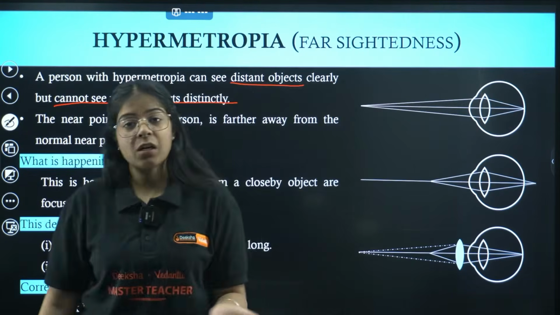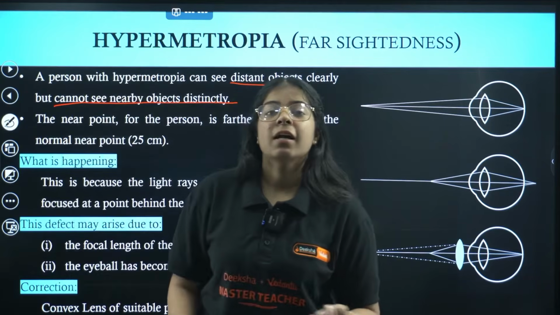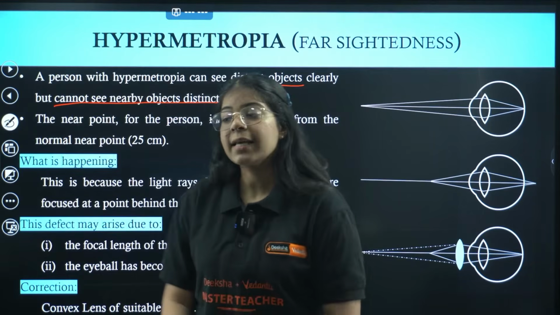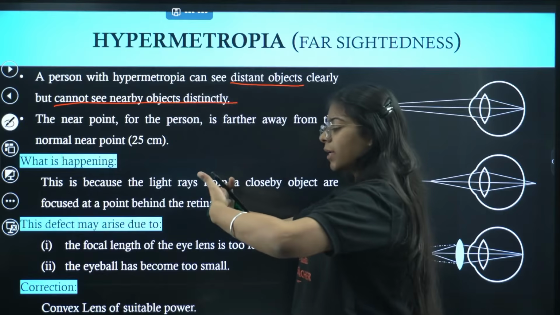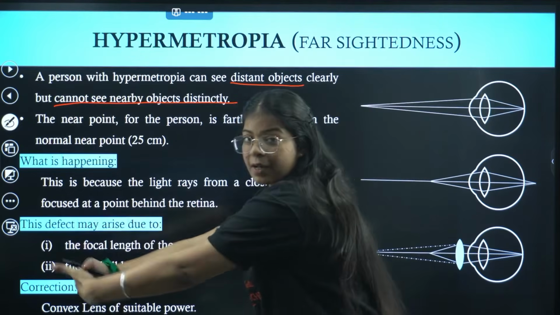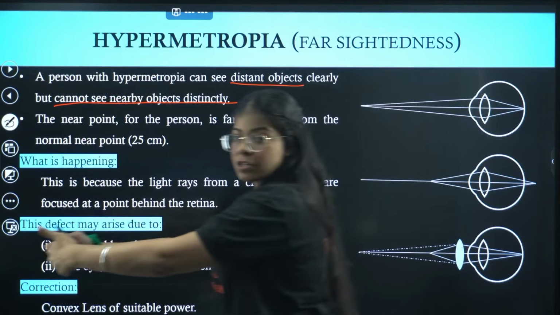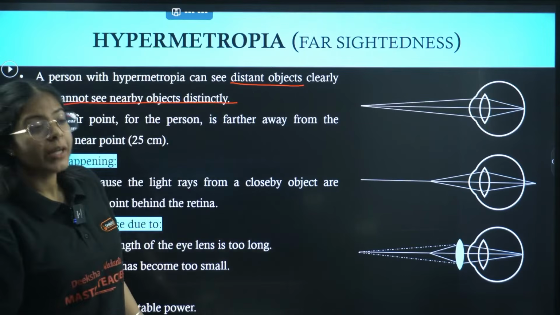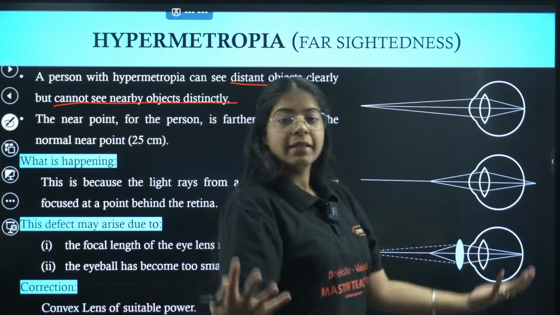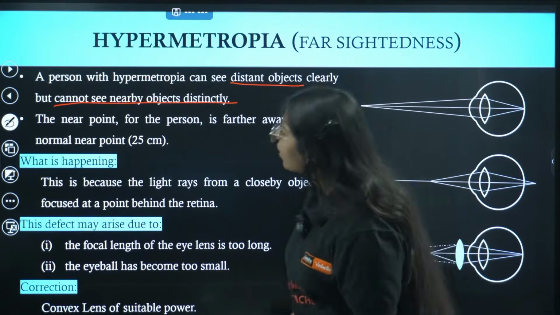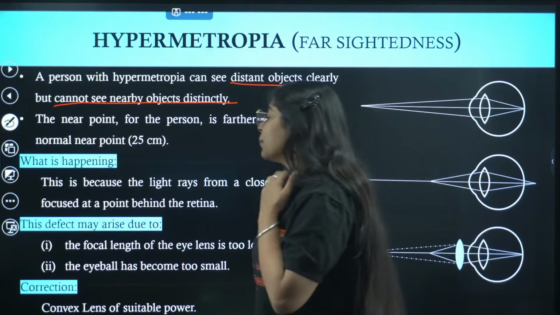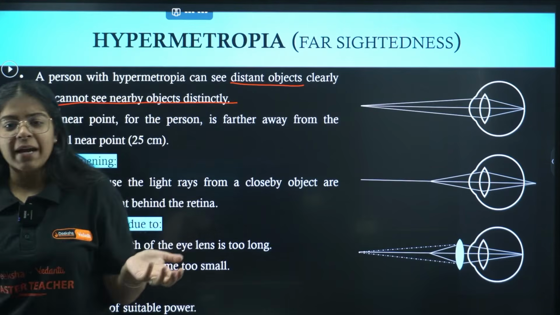So they cannot see nearby objects clearly. Thus their near point shifted backwards, away from 25 centimeters. Then why might this defect happen?